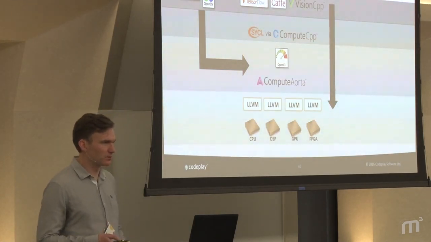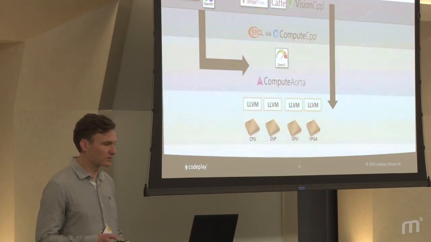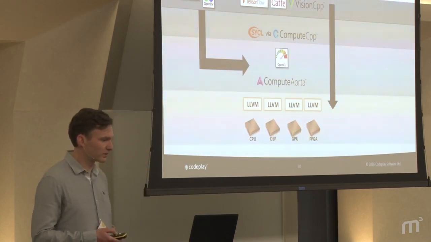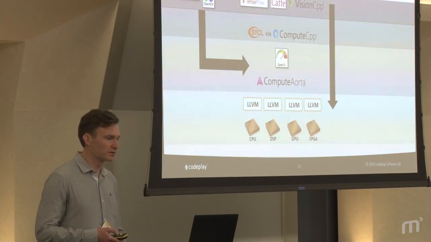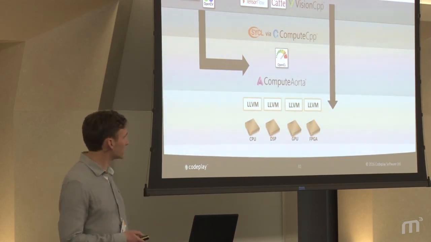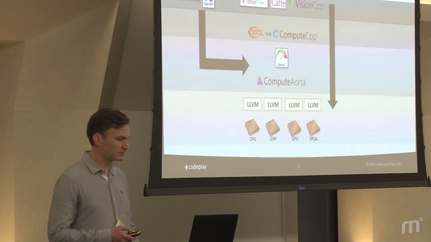So this is the way that we see the stack from top to bottom. The nice thing about these layers is that you can obviously replace them with different implementations of these different standards. You have all the higher-level frameworks like OpenCV and TensorFlow along the top, and then you have different ways that they're enabled on the parallel hardware.